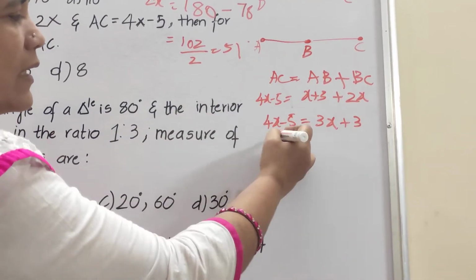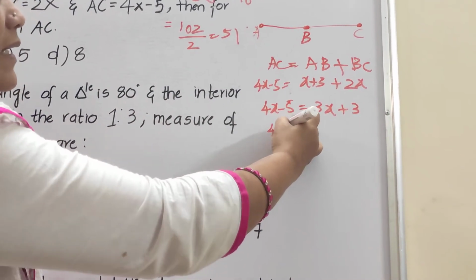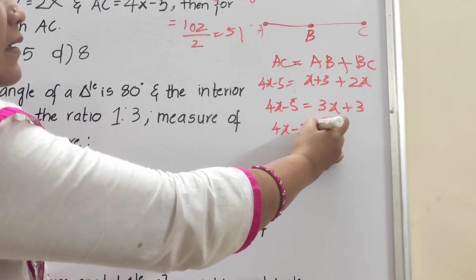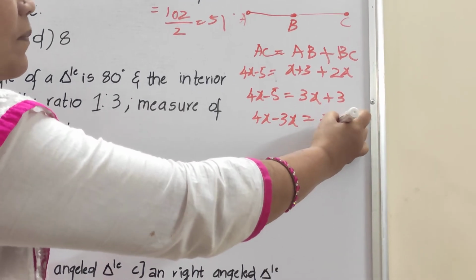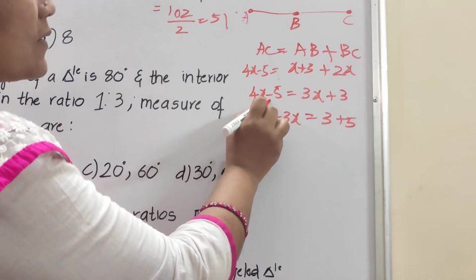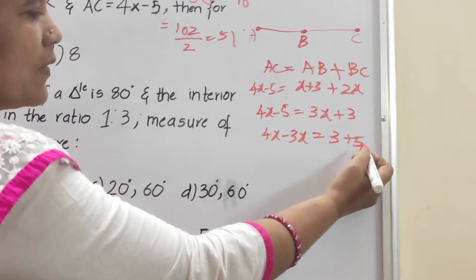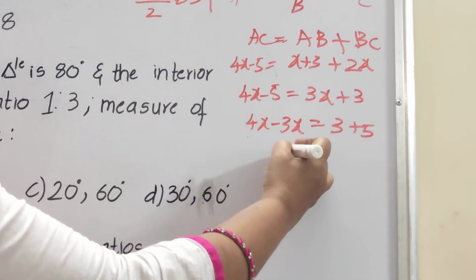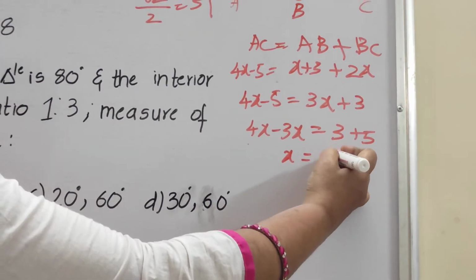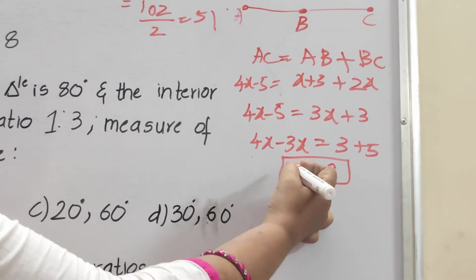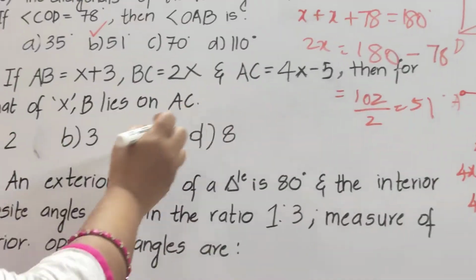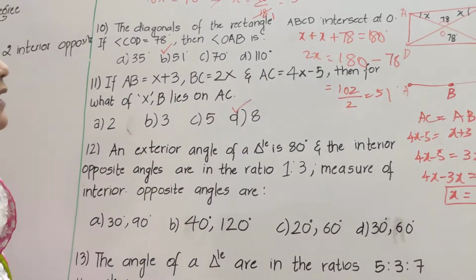Take this 3x to the other side. It becomes 4x minus 3x equals 3 plus 5, because this 5 comes to the other side, it becomes plus 5. So 4x minus 3x is x, and this becomes 3 plus 5, 8. So you have the answer 8. Okay. So D is the right option.